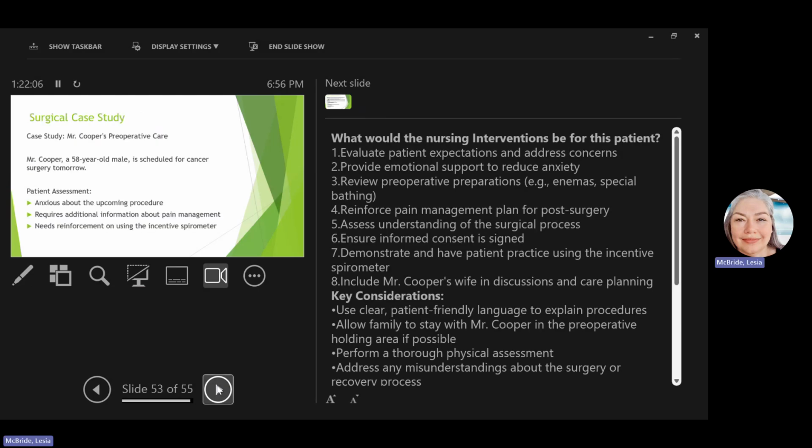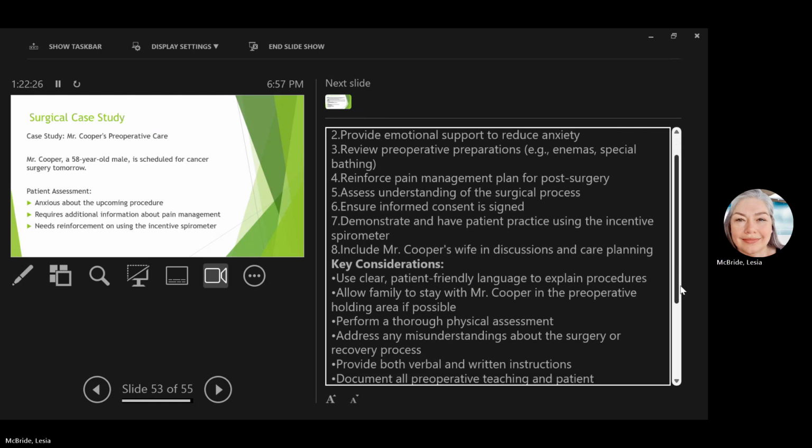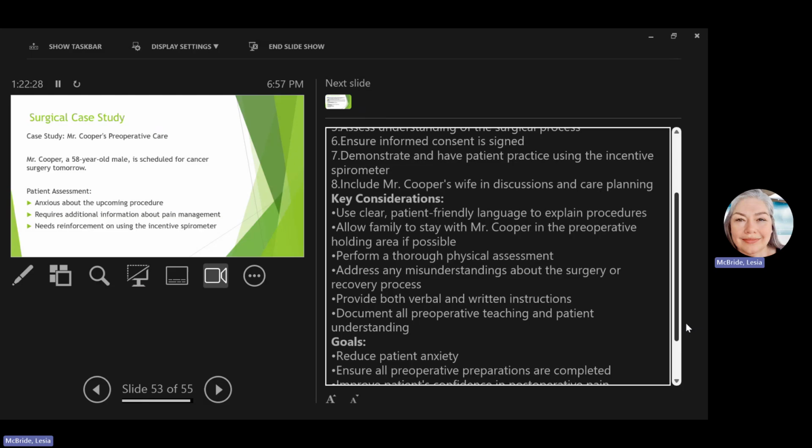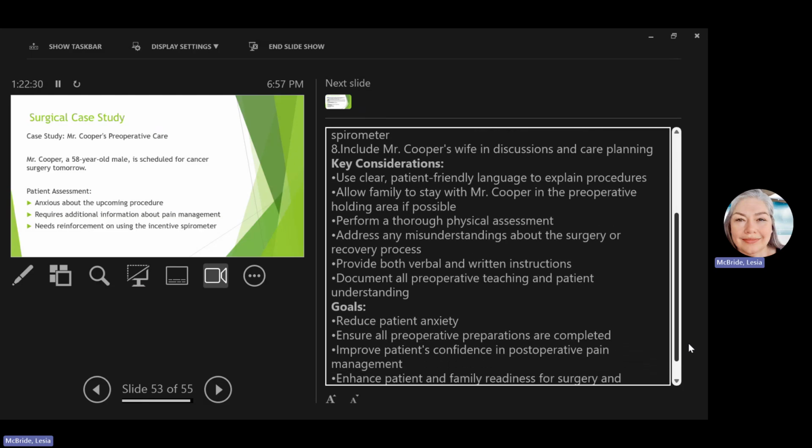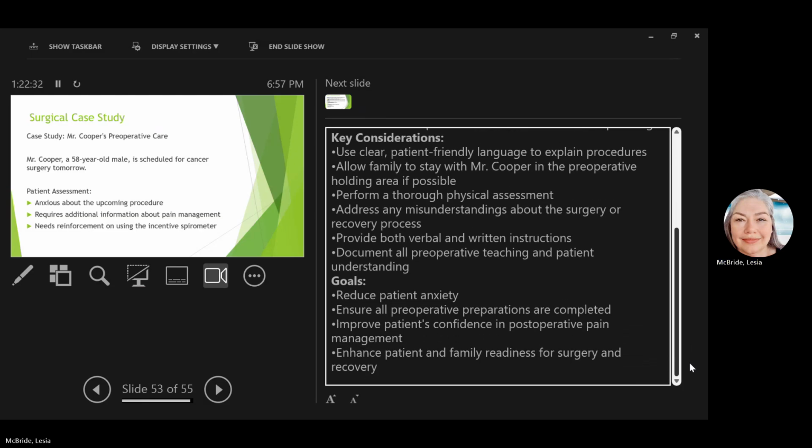Here's a case study with Mr. Cooper. Read through this and look at the slide to the right. Make sure that you review this. Think about it, evaluate it, pretend that this is your patient that you're taking care of. And I'm going to take this down so you can see the other key considerations and goals.